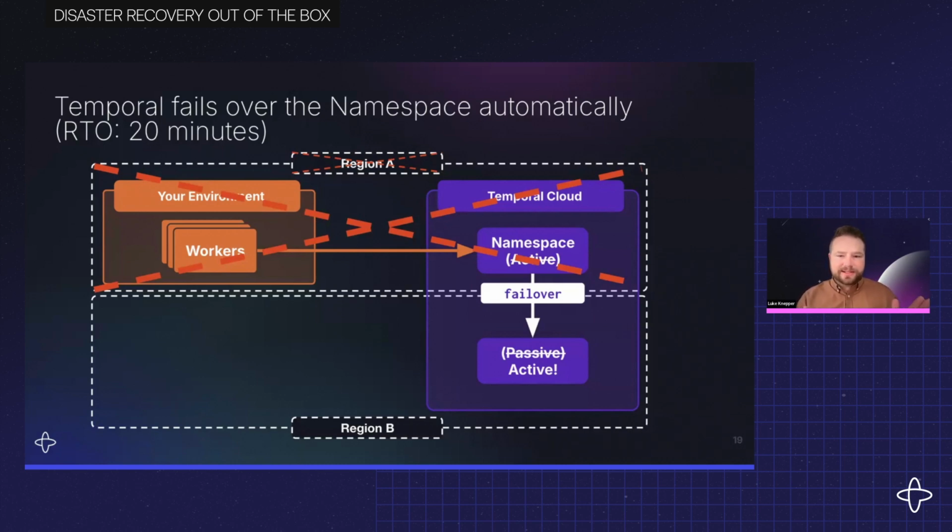And the vast majority of that time is just detecting the outage, because no two outages are the same. There's not a deterministic thing we can detect all the time. So it does take a few minutes for us to notice that, hey, an outage is going on. And that's what makes up the vast majority of this RTO.